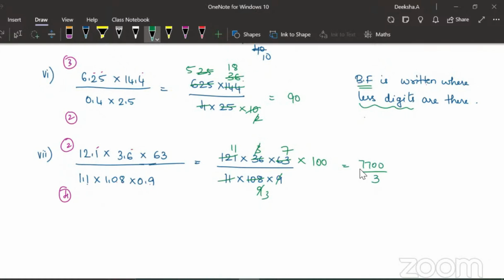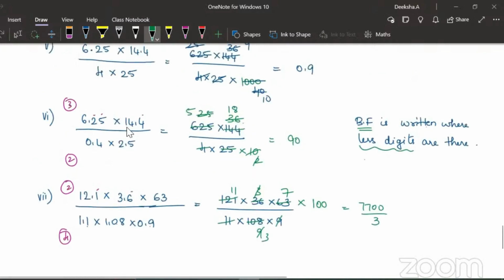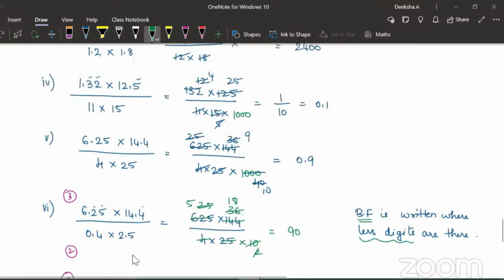You can simplify that and write. Hope it is clear now. You have to practice this way of cancellation, because in the entire percentage, profit and loss chapter, we will be having values like this, because we will be writing percentage factors, which will definitely have decimal numbers. You should know how to simplify fractions with decimal numbers.